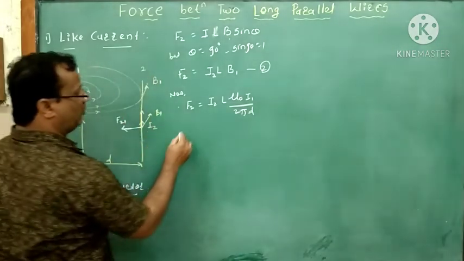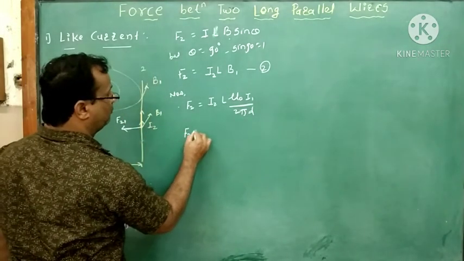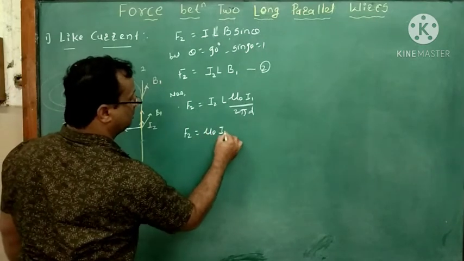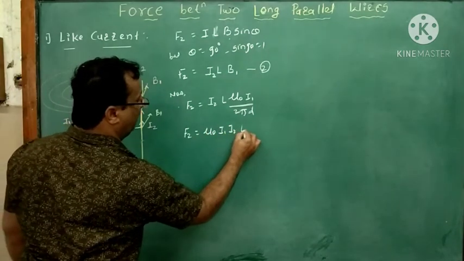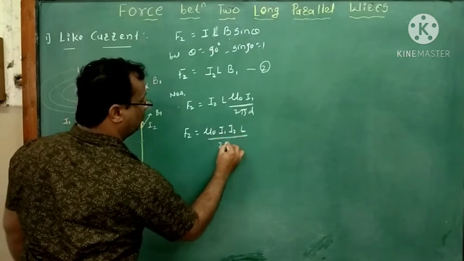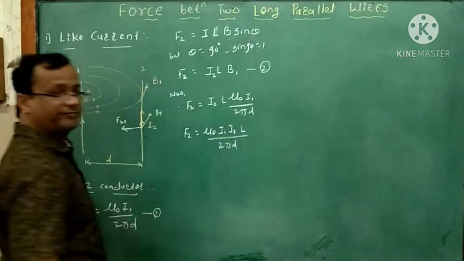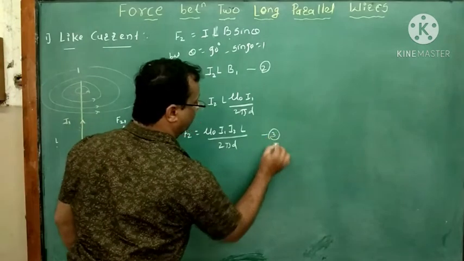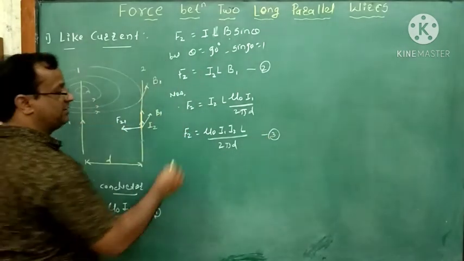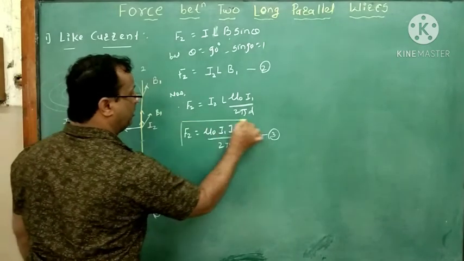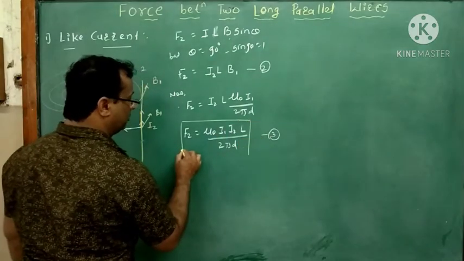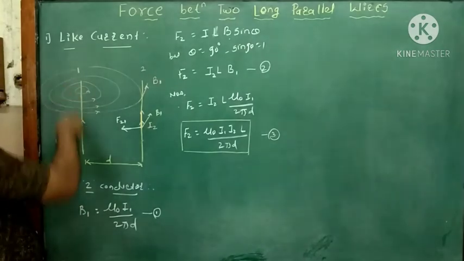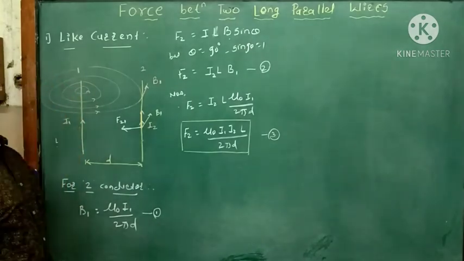Now rearranging that, F2 is equal to mu 0 I1 I2 L upon 2 pi d. Now this will be equation number 3. It means that this much amount of magnetic force is acting on the second conductor by the magnetic field produced by the first conductor.